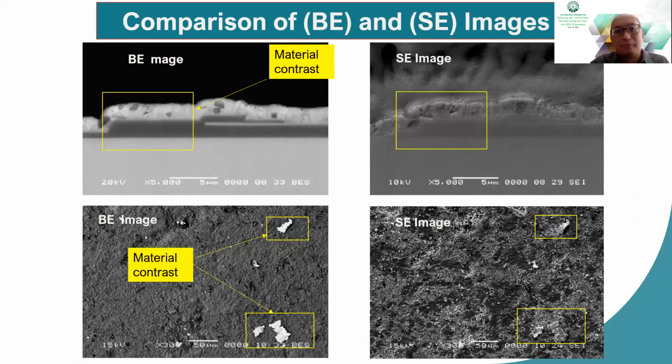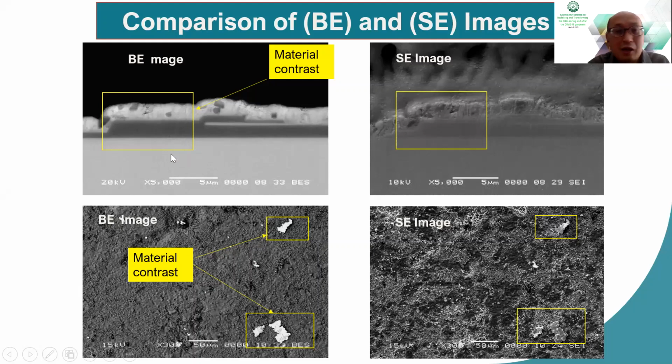So let's see a comparison of the backscatter and secondary electron images. You can see from the backscatter images, there's a material contrast.